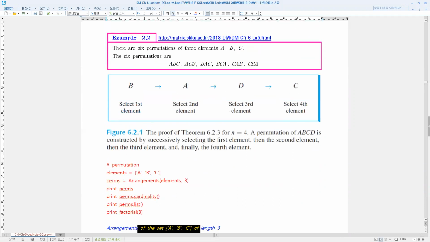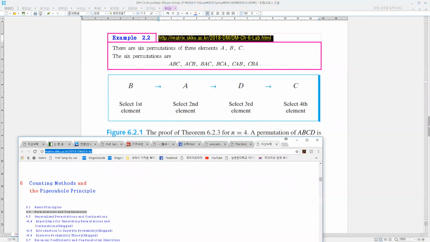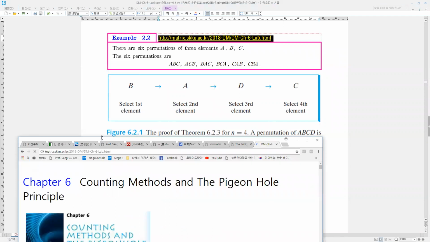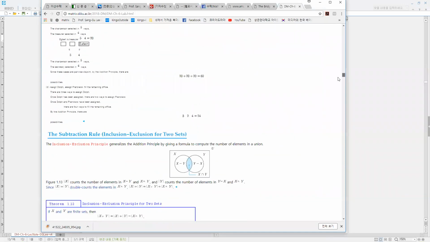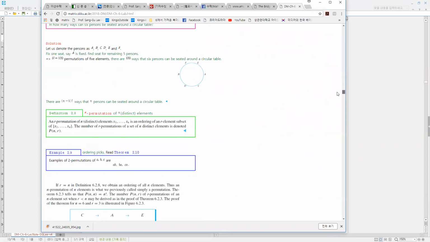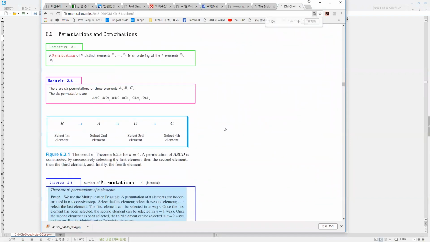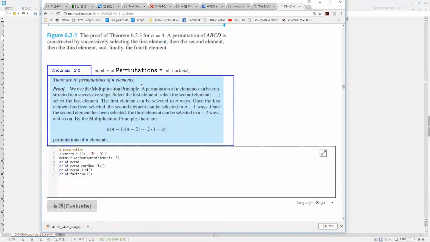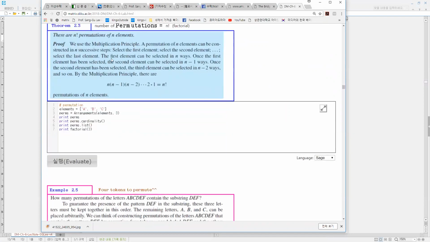For example, if we go inside here, we will see the code. For example, here are permutations and combinations. Here is n permutations. Here is a permutation. We see the multiplication principle.